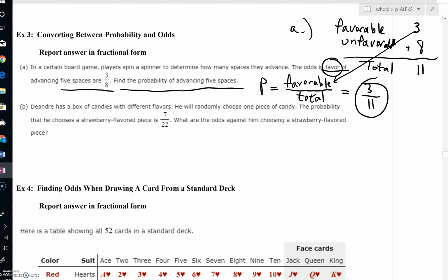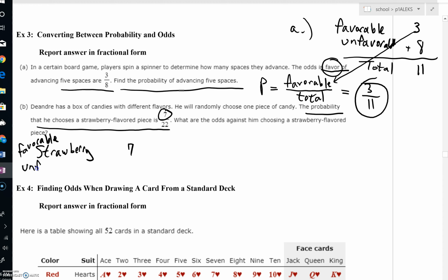Let's look at B. It says DeAndre has a box of candies. He will randomly choose one piece of candy. The probability he chooses a strawberry is 7 out of 22. So getting a strawberry would be considered favorable here. And you can see your numerator is 7.